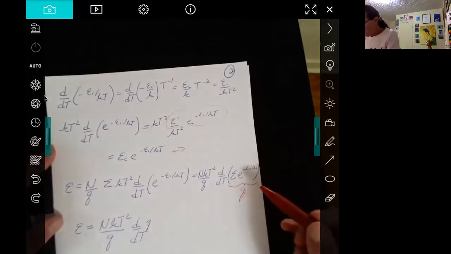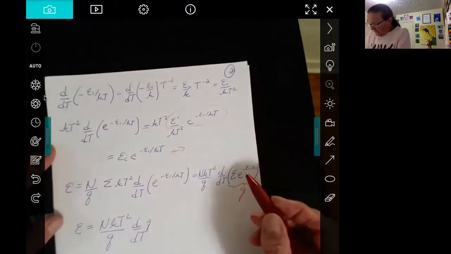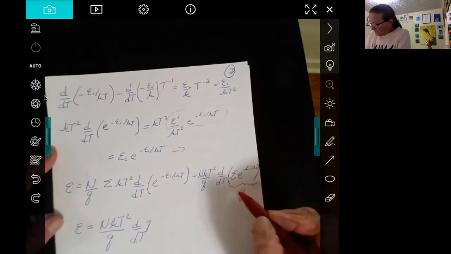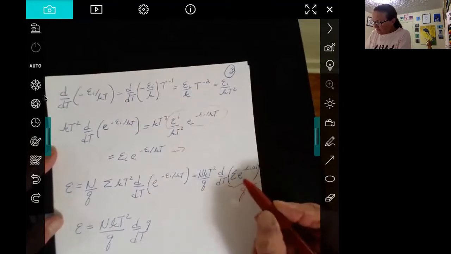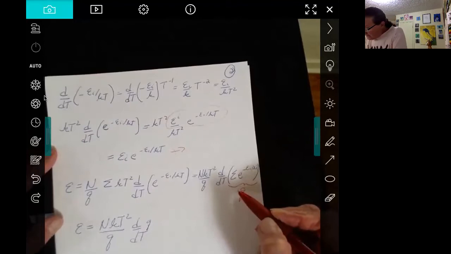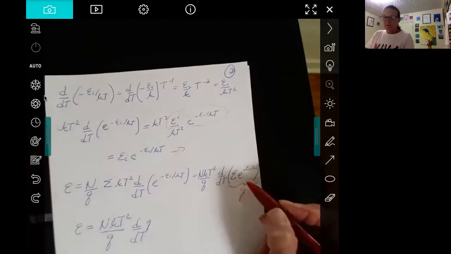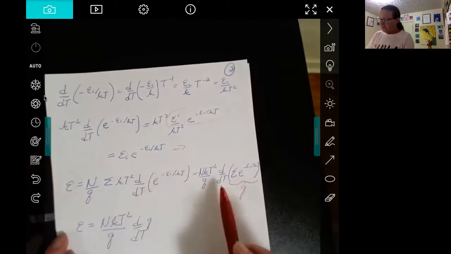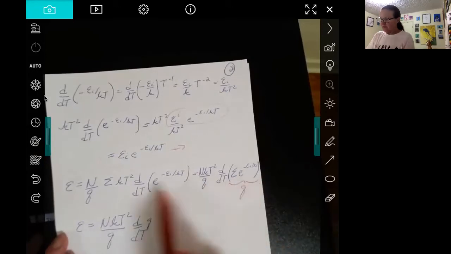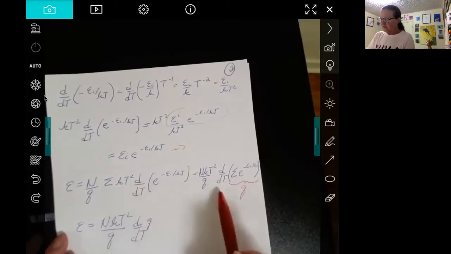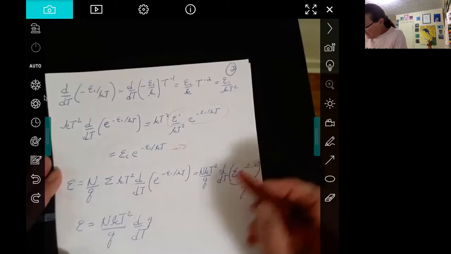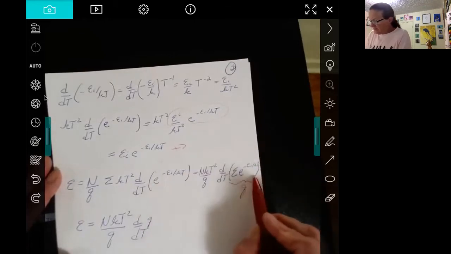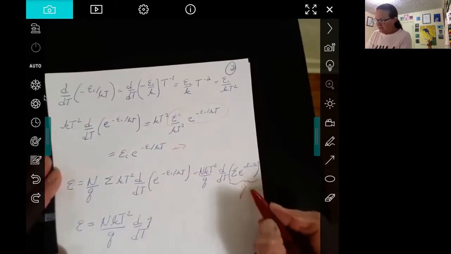Now we can just simplify that. We can look at this derivative. A sum of derivatives is also equal to the derivative of the sum. So we can pull the d/dT out front, and the d/dT is of this sum, and this sum just happens to be q.